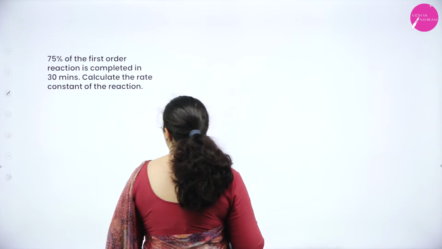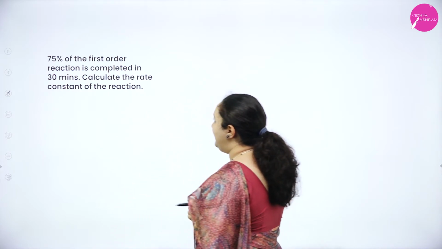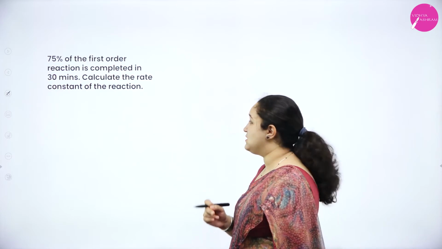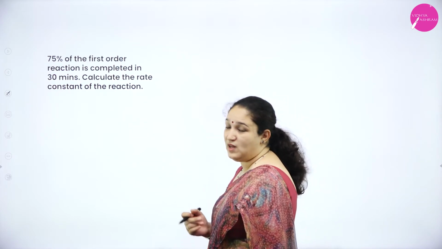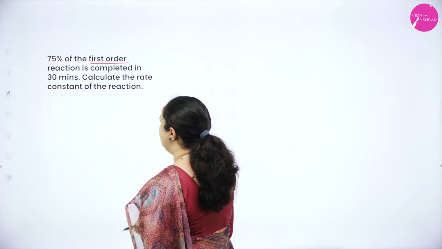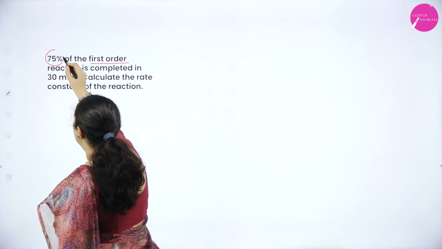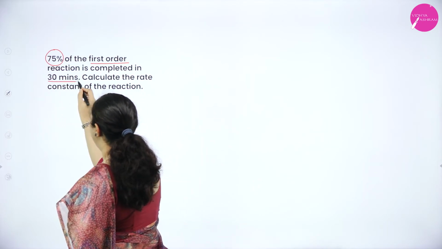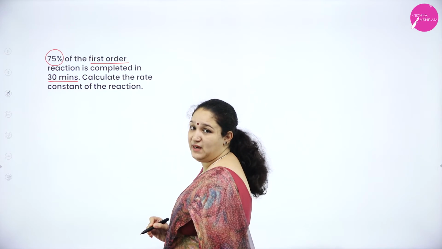75% of first order reaction is completed in 30 minutes. Calculate the rate constant of the reaction. So again, it is given first order reaction. How much is complete? 75% is complete. In what time? 30 minutes.